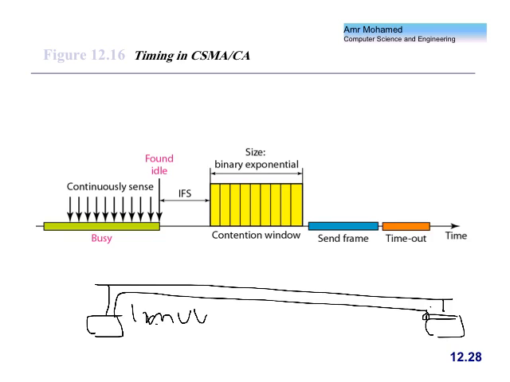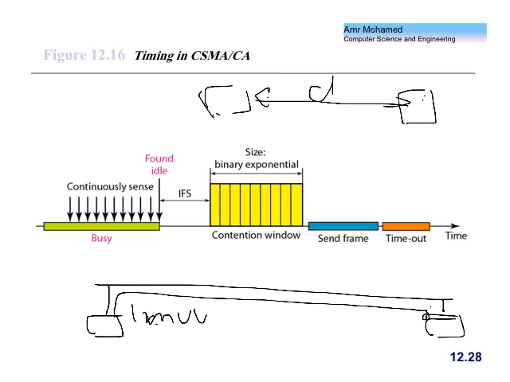So in that case, if I have two stations in wireless, depending on the distance between them, the energy level that the other station will see is significantly different.